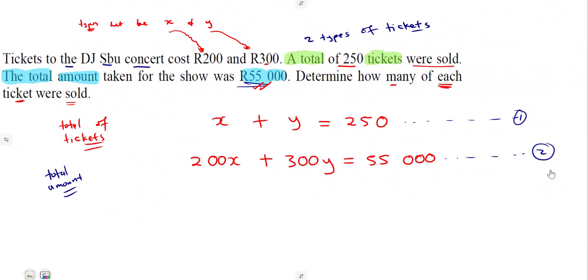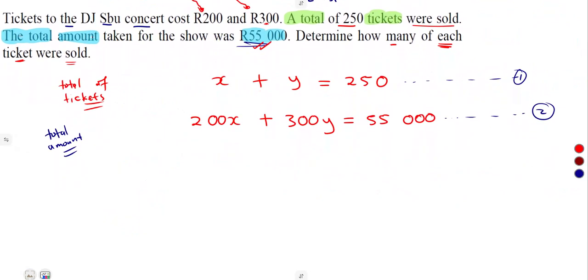All right, so I'm going to use the substitution method here, and I'm going to use it from equation 1. I'm going to make x the subject from equation 1.